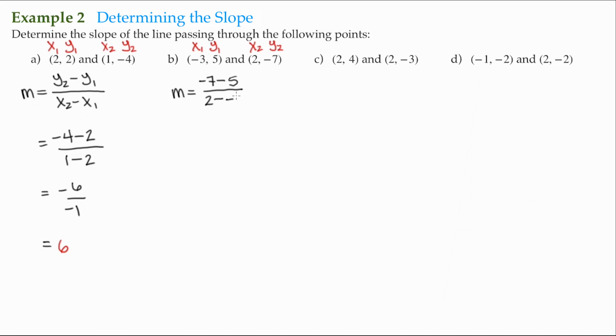Don't confuse the minus in the formula with the negative that's attached to the coordinate. So this is 2 minus negative 3.